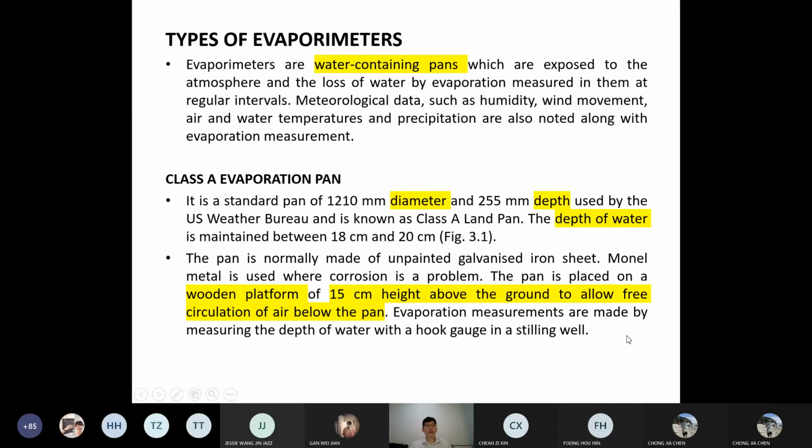When they first proposed this method of evaporation pans, they put the standard that we need to put it at a height of 15 cm. Let the pan sit on that, and then we have the requirements for the size of the pan, the depth of the pan, and we maintain the amount of water.